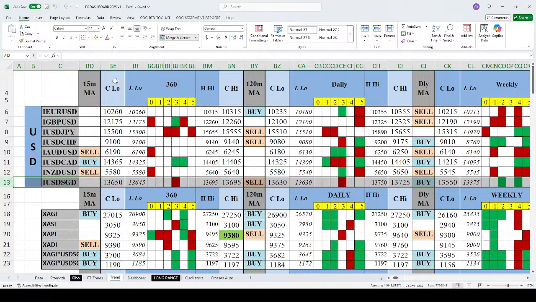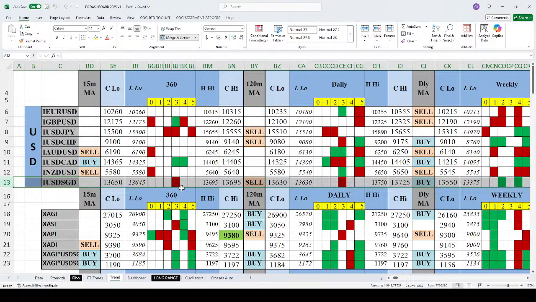Then when we look into the moving averages, the 120 is pointing down, which means to say that on the hourly, the market is expected to go lower. Okay, so as of now, the range is 36.50 and 36.95. There is no strength on the 15-minute chart, so we can either go for a sell slightly higher.